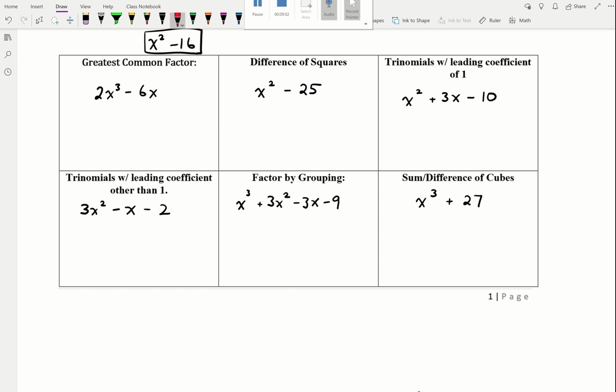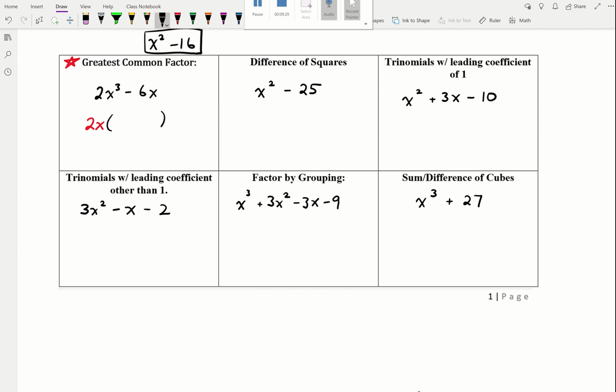So the first type of factoring we ever learned, and we should always look for, is greatest common factor. So here I have 2x cubed minus 6x. I'm going to look at this, and you should be able to realize that the greatest common factor is going to be 2x. And then in parentheses, I've got to find the other factor that when multiplied by 2x gives me 2x cubed minus 6x.